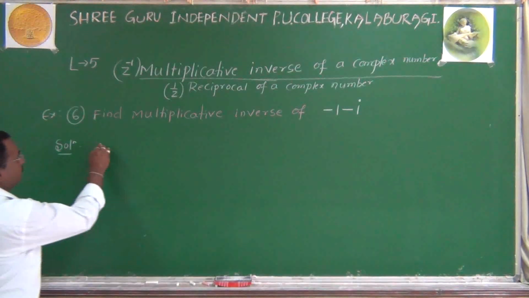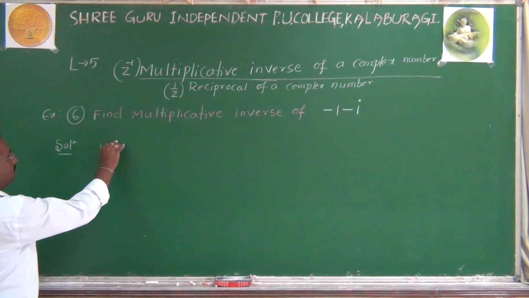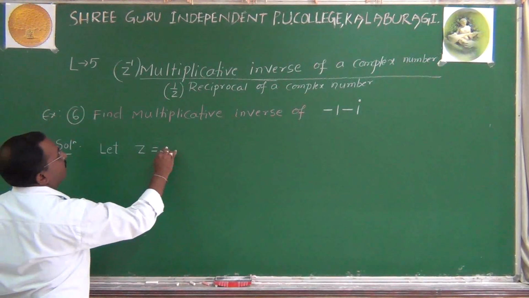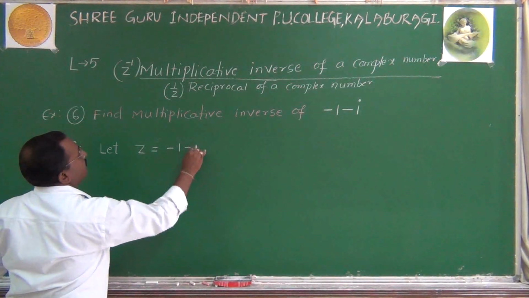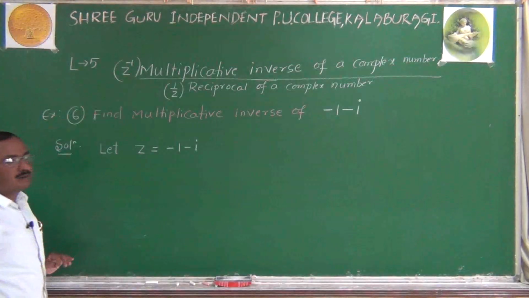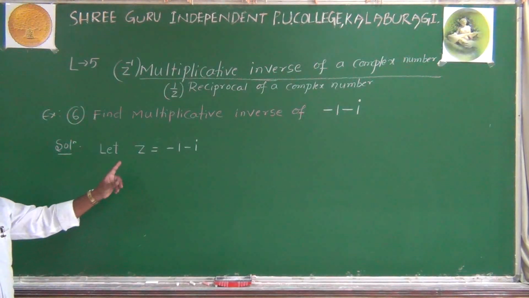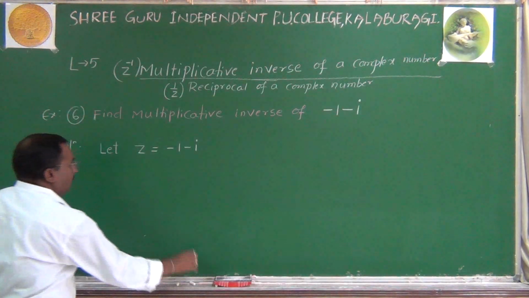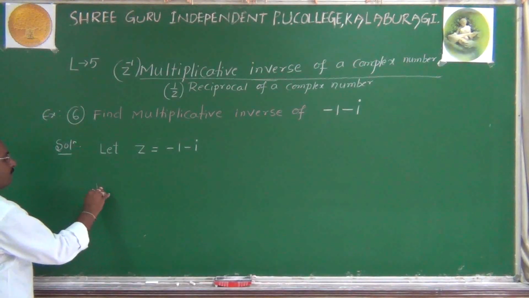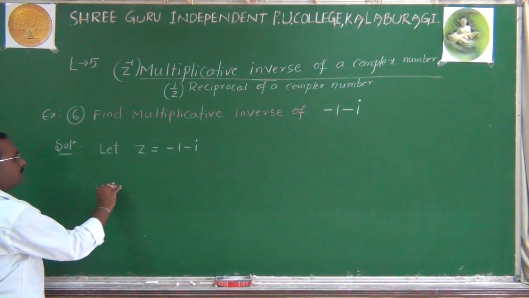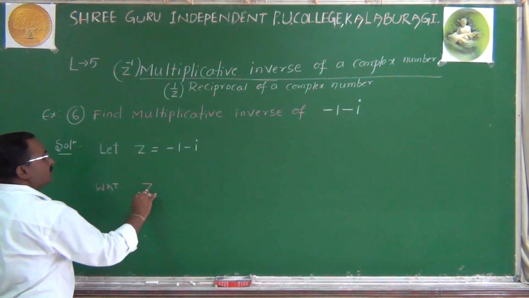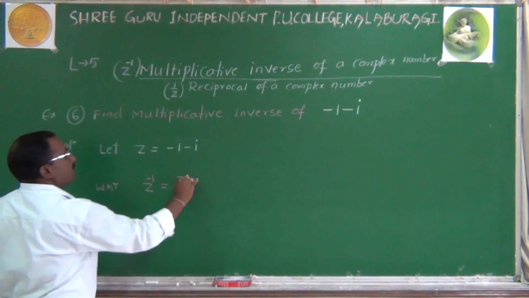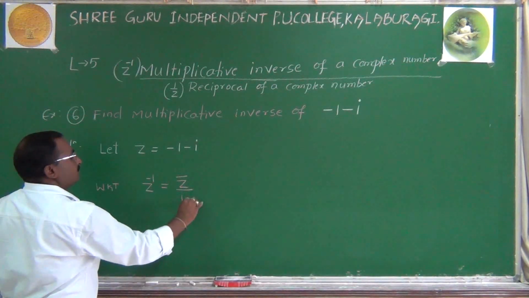Let z is equal to minus 1 minus i, be a complex number. To find the multiplicative inverse of this complex number, we know the formula: z multiplicative inverse is equal to z bar divided by modulus of z whole square.